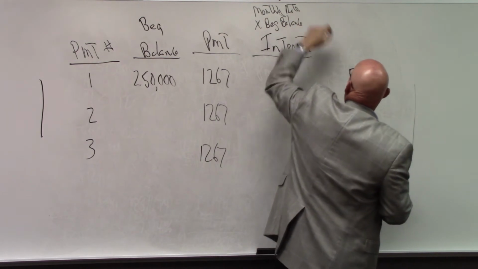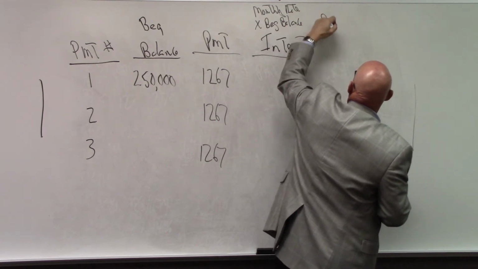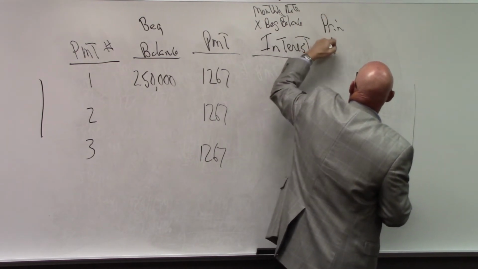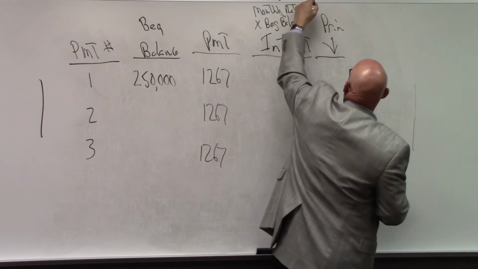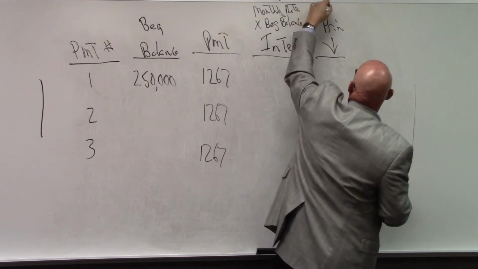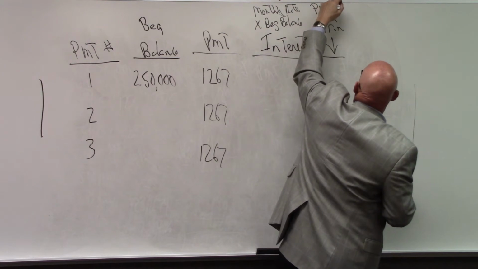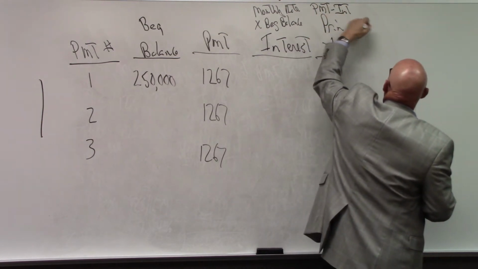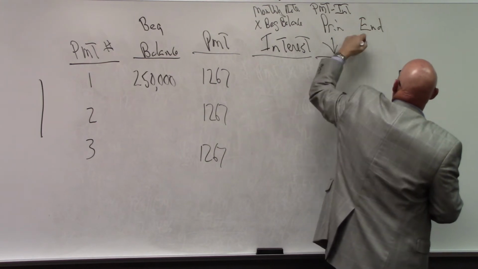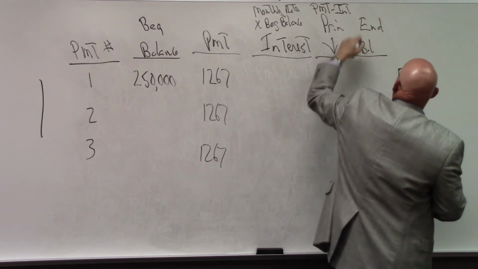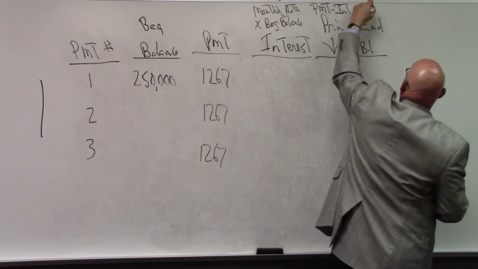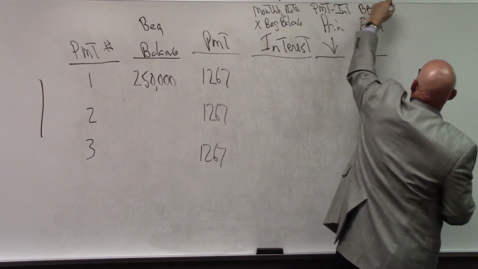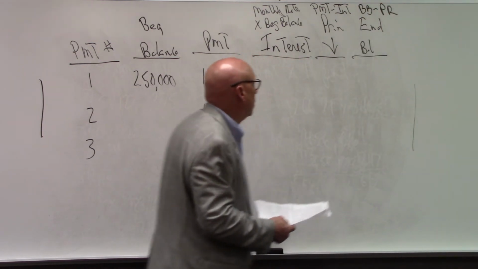Then we have the principal reduction, which is the payment minus the interest. And then we have the ending balance, which is the beginning balance minus the principal reduction.